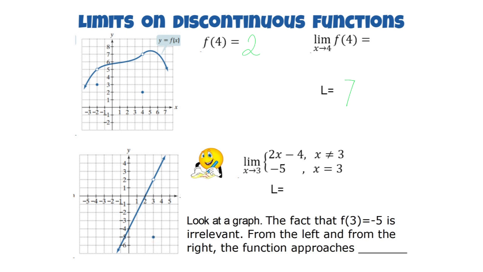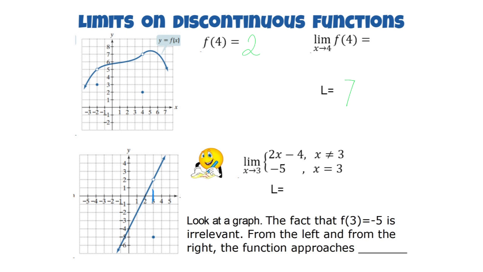So the limit as x approaches 3. Remember when you did piecewise functions, you would come over here and use this as your test of whether I should be using this function or this function. Since 3 would fall into this category, the temptation here is to use the -5 part of that piecewise function. But the fact that we're doing a limit overrides that. We are looking at that approaching game. So again, we're approaching 3, and 3 is right here on the x-axis.